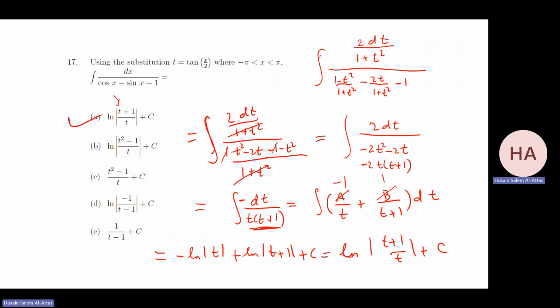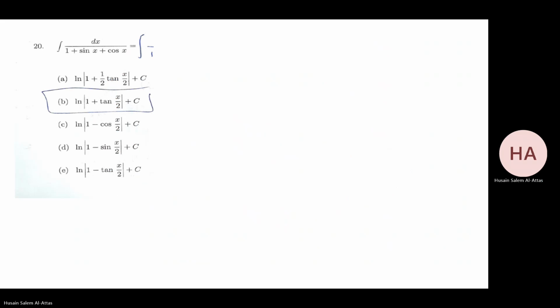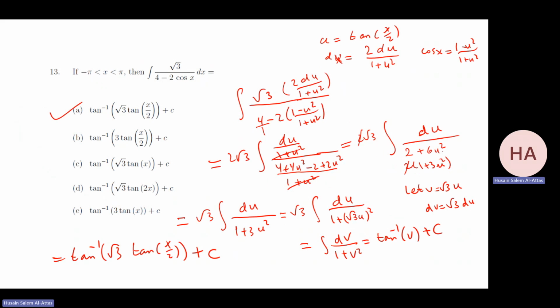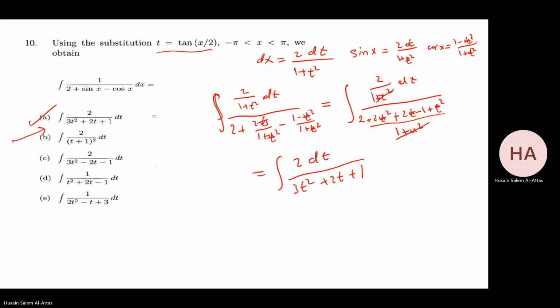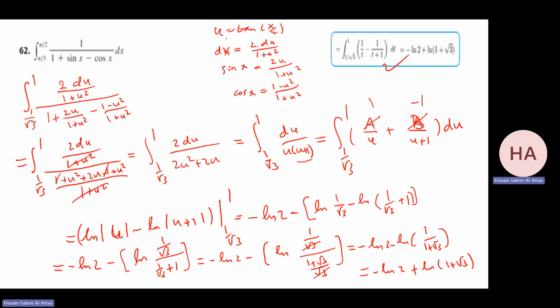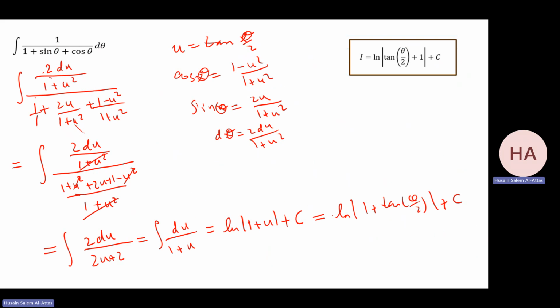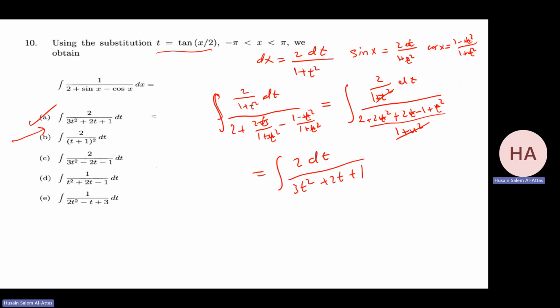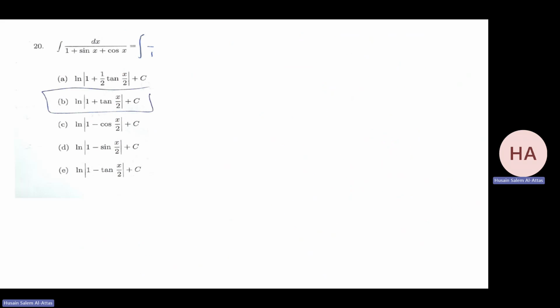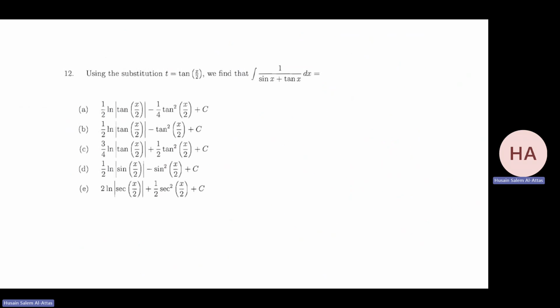No need to go further because this is what he did here. 1 plus sine plus cosine, I think I did before. Yes, and we get ln 1 plus tan x over 2. We did it before.